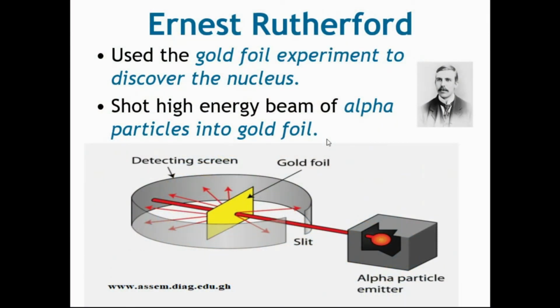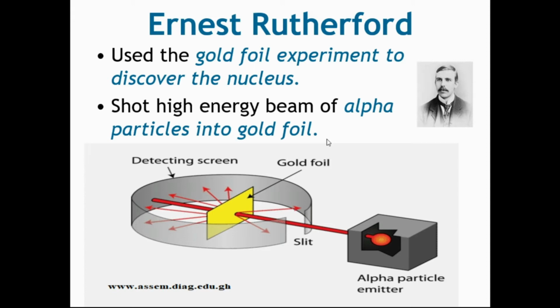So Ernest Rutherford used the gold foil experiment to discover the nucleus of the atom. Let's find out how this was done. Rutherford shot a high energy beam of alpha particles into a gold foil.